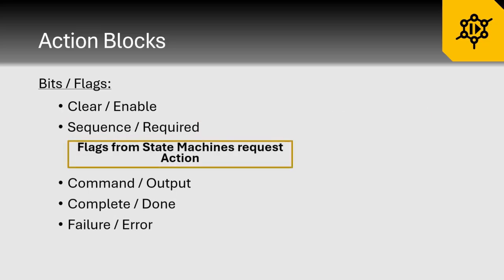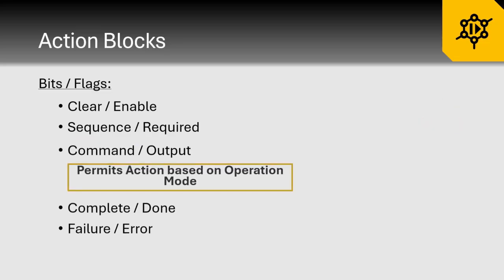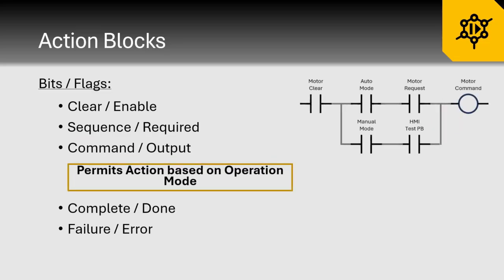The sequence or required flag is acknowledging a request from outside logic to turn the output on. The command controls the actual output based on the mode of operation, conditions required in auto cycle, or conditions required in manual mode. The actual output is on a rung that looks like aliasing to keep it readable.